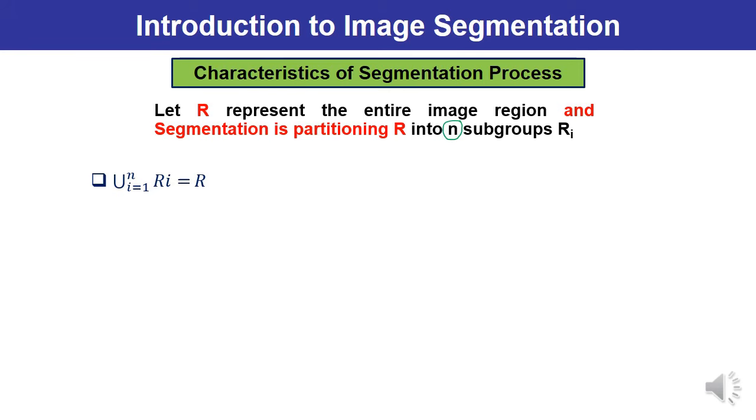So if the subregions are combined, the original region can be obtained, and mathematically it can be written as the union of all Ri equals R, where i varies from 1 up to n. For example, in the previous case, the original image R was divided into subregions R1, R2 and R3. If you combine all three, the whole region R will be obtained.